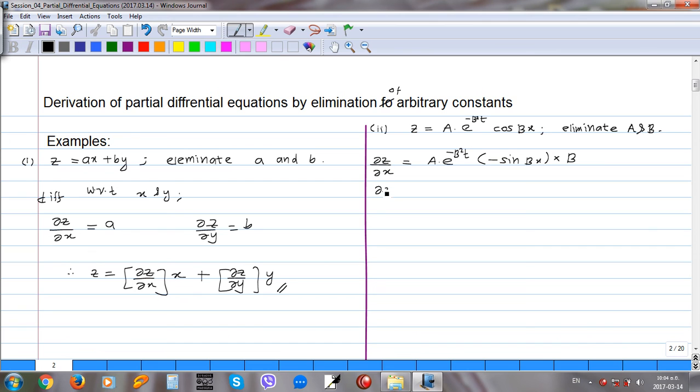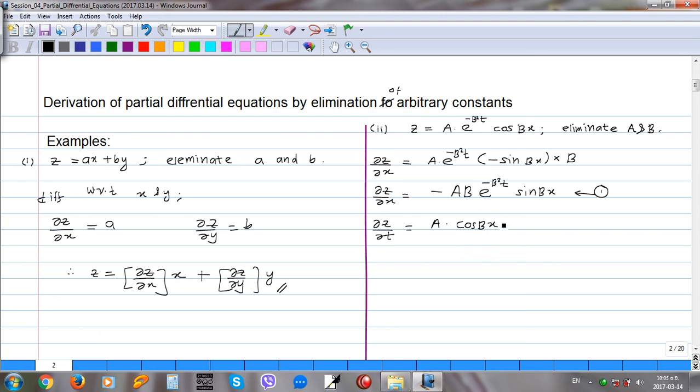So ∂z/∂x equals minus a b e to the power minus b squared t sin bx, right? I am taking this as the first equation. Then I can differentiate with respect to t. ∂z/∂t equals, here a is constant and cos bx is also constant.